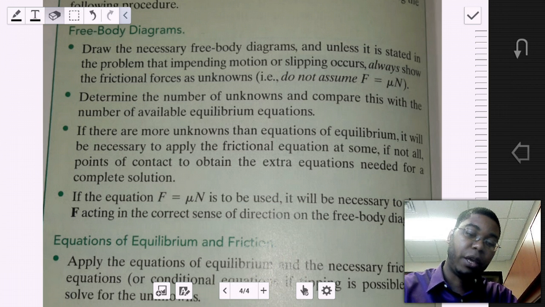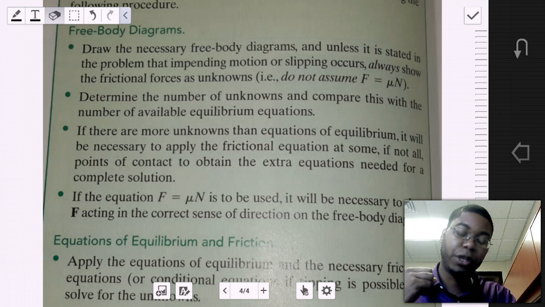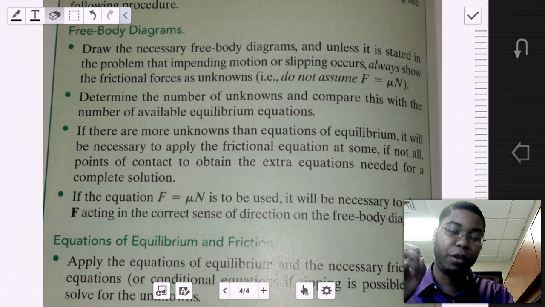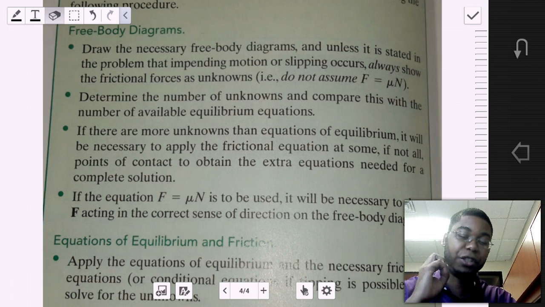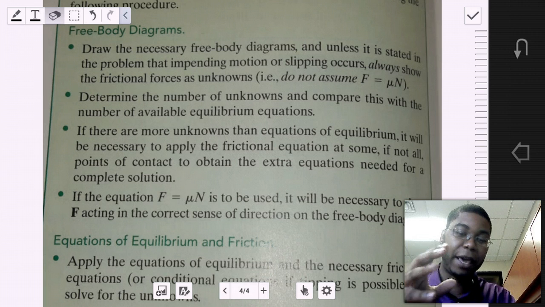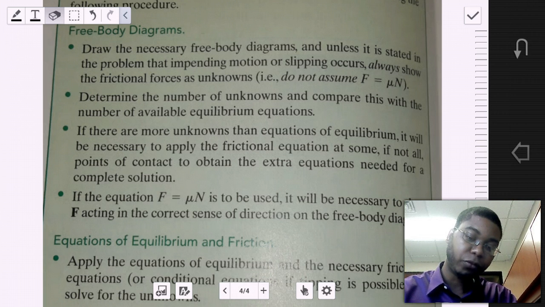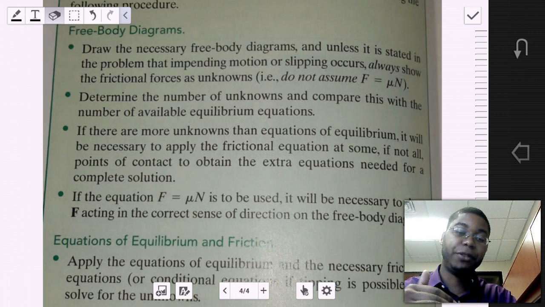So we've listed the number of unknowns. So we have the supports, and then the values of the frictional forces, just the frictional force F_A, F_B.